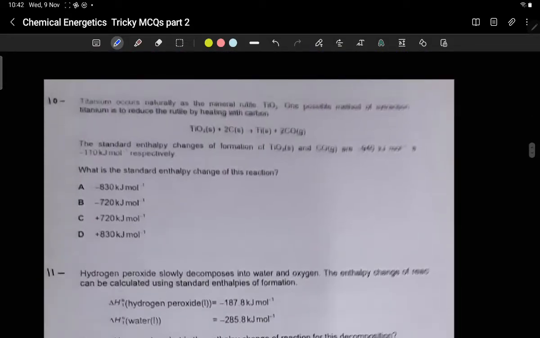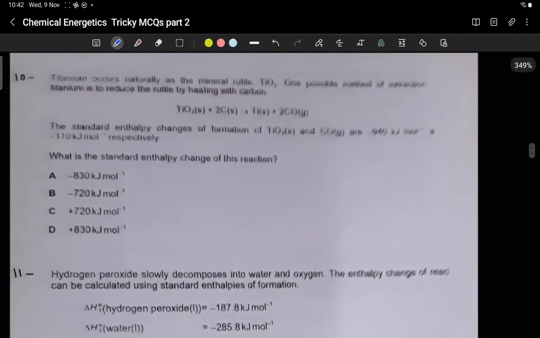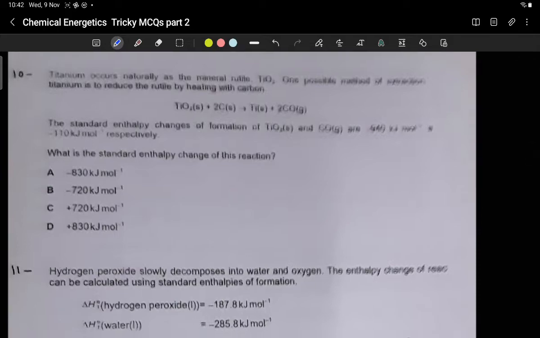Question number 10. We have discussed this question in class, so let's calculate it.